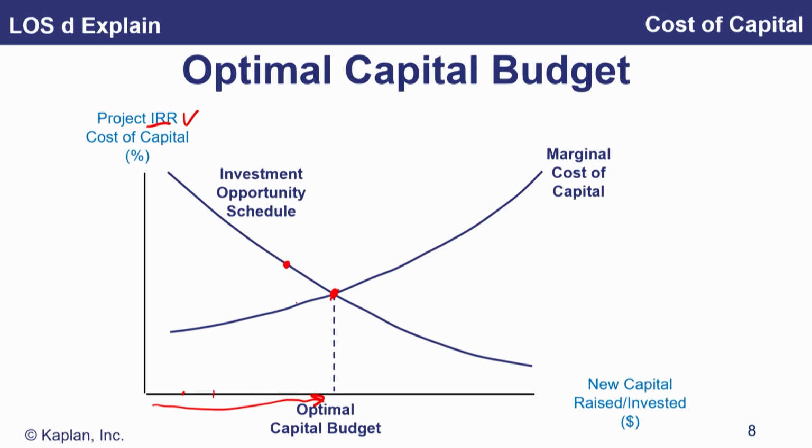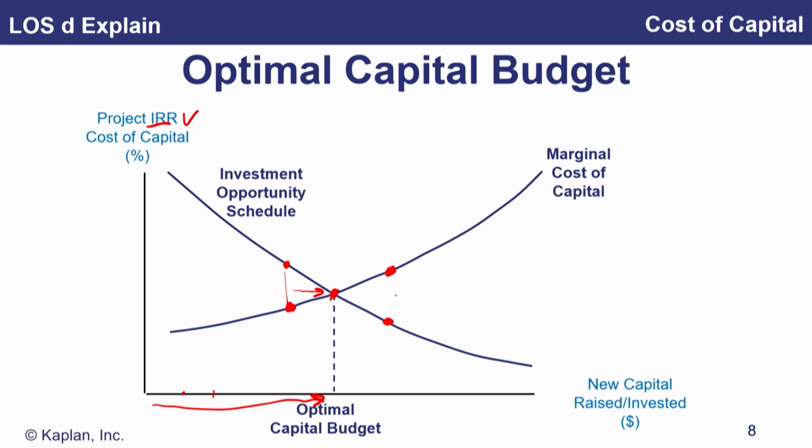the internal rate of return is greater than the weighted average cost of capital. That means it's a profitable project. We should keep doing projects that satisfy that condition. But over here to the right, issuing more capital to finance these projects to the right of the optimal capital budget, the cost is greater than the expected return, than the IRR.